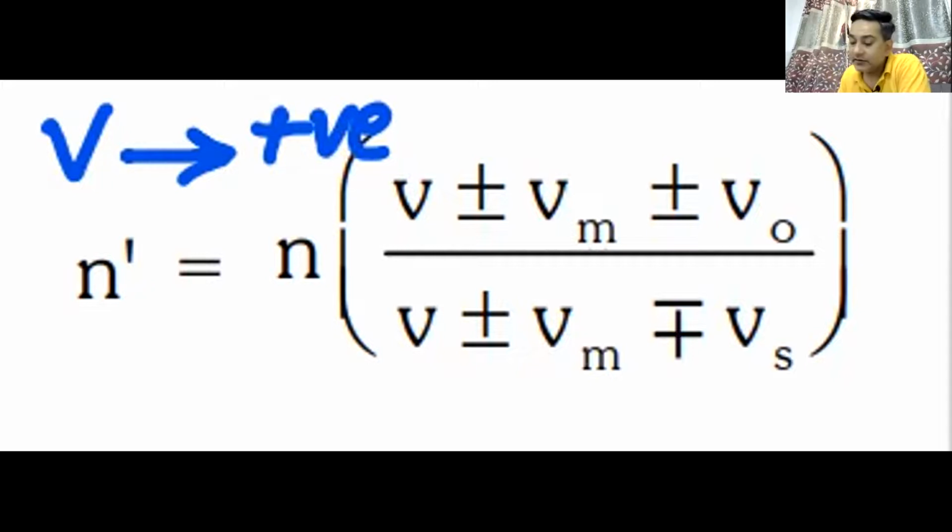So please write this formula, and if you can remember it, you can do all the cases with this one single formula, or you have the option of remembering all those formulae together and solve any question. I'll give you a minute to note down this magical formula.